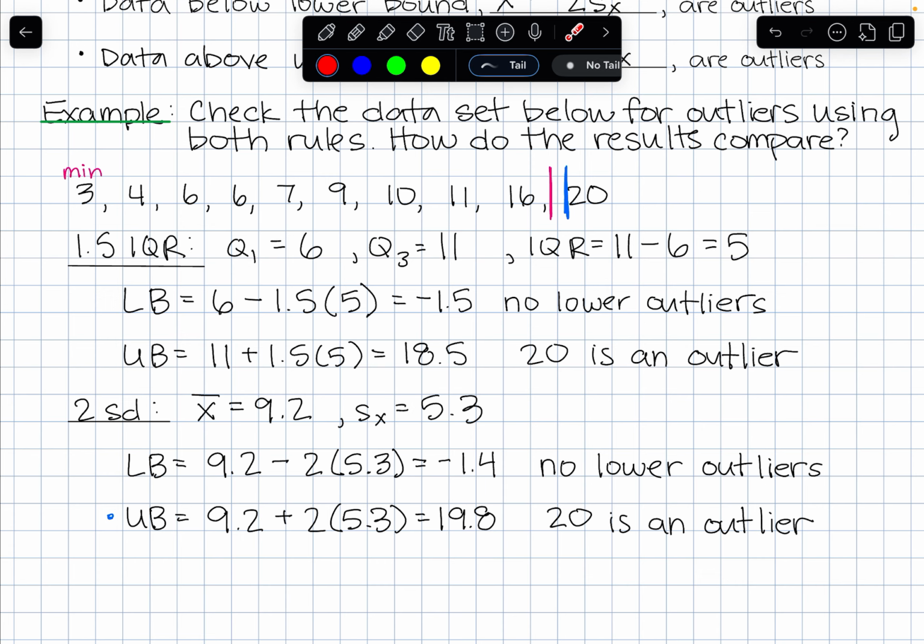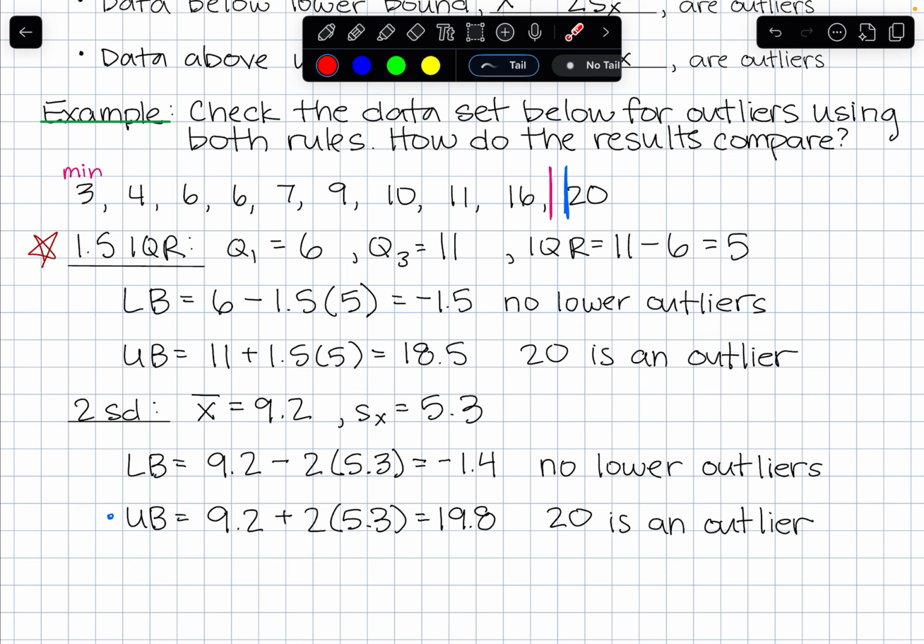We're choosing based on what our distribution of data looks like. If you suspect that you have an outlier, or when you graph it, it looks skewed, the IQR rule is the preferred check. If you graph it and the graph looks symmetric, then the 2SD rule is a better check.